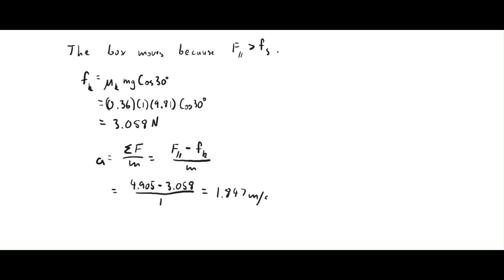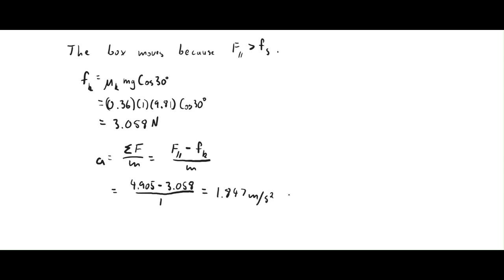It's in meters per second squared. As long as your mass is in kilograms and your forces are in newtons, the units work out. You have to worry about unit conversions if you're given grams or some other unit for mass. But this works out to meters per second squared, and that's how fast the box goes down the ramp. It's important to give the direction. The box could be going up the ramp.